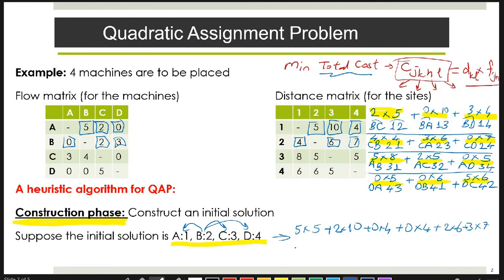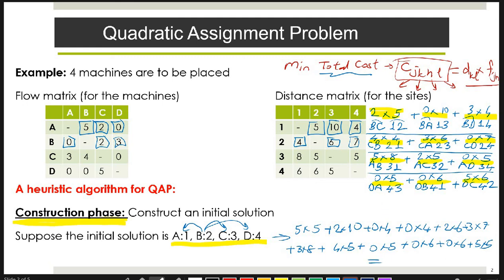And if you continue in this way, the costs associated with C is 3 times 8 plus 4 times 5 plus 0 times 5, and the costs associated with D will be 0 times 6 plus 0 times 6 plus 5 times 5.